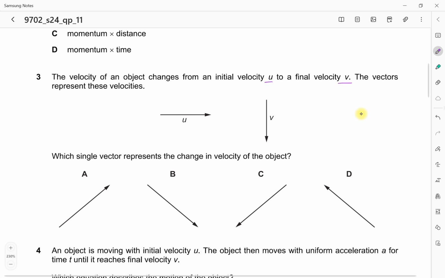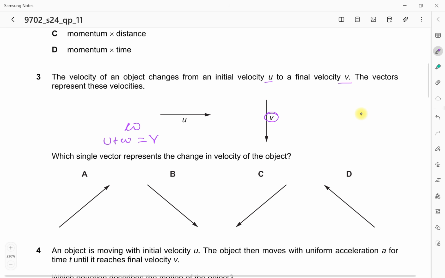So let's say the change in velocity, let me call it w. That is the change in velocity. So remember, this is the final velocity. So it means when I get u plus the change in velocity, I should be able to get v.